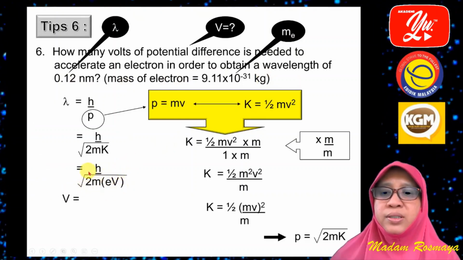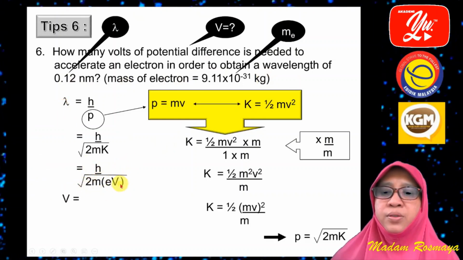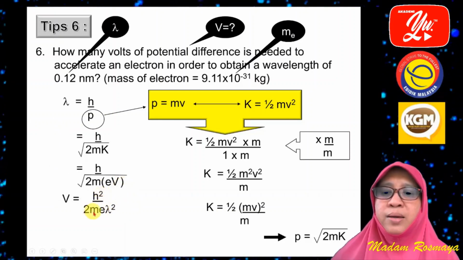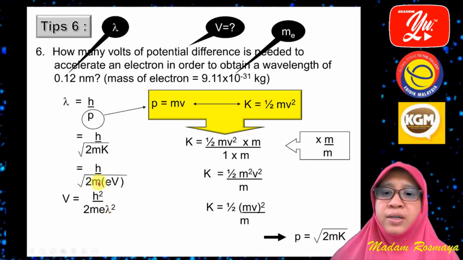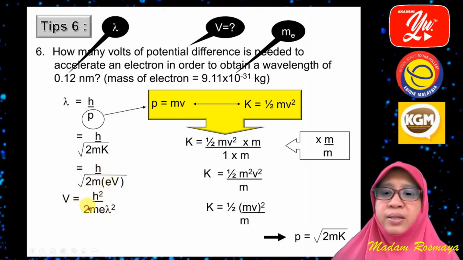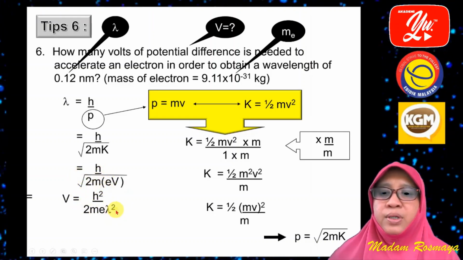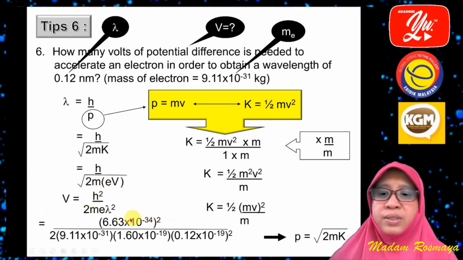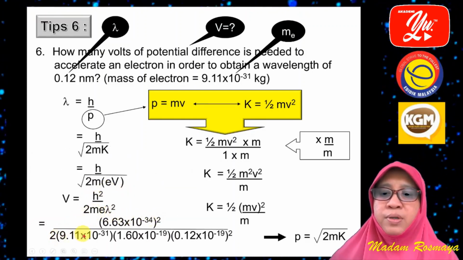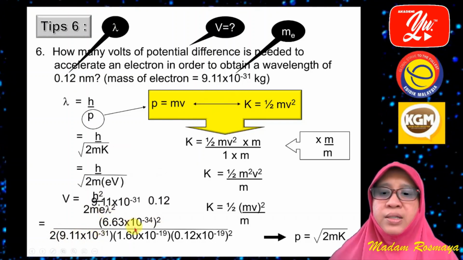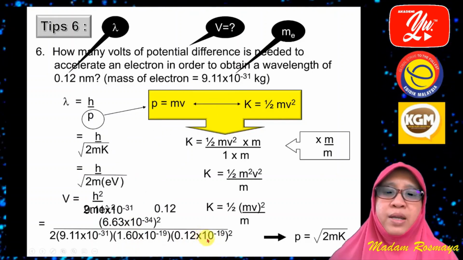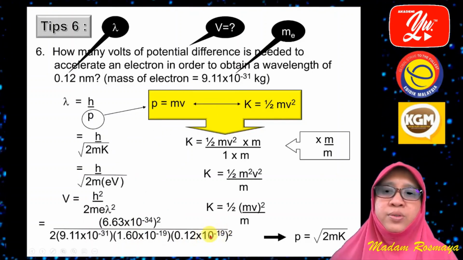So we just rearrange the equation here to get V. So we get V equals h squared per 2me lambda squared, because squaring both sides, we get this. Then we substitute the values of h Planck constant, 2, mass of electron, charge of electron, and lastly the wavelength given in nanometer, so convert to meter.